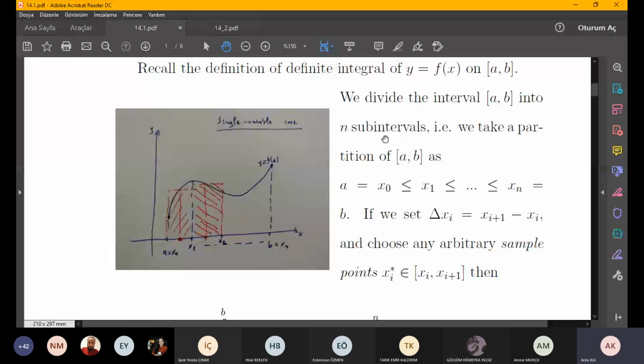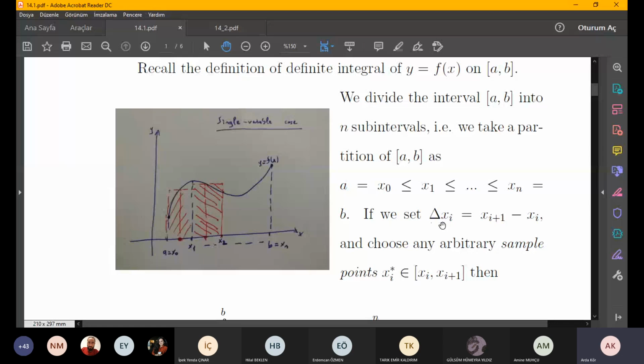For example, if we take any partition like that, suppose a equals x0 and b equals xn, so that means you divide the closed interval [a,b] into n subintervals. And we set delta xi, which means the length of the i-th subinterval, equal to x(i+1) minus xi.